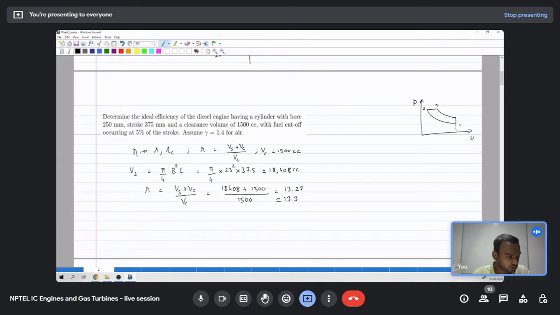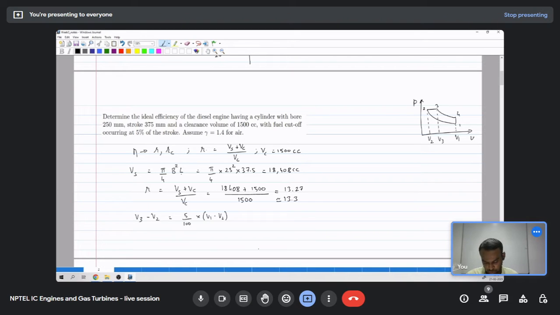We have 1, 2, 3, 4. This is V1, cutoff occurs at V3, and the TDC is V2. Now, cutoff occurring, V3 minus V2 is 5% of the stroke, that is 5 by 100 into V1 minus V2.